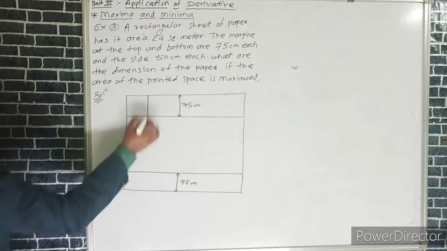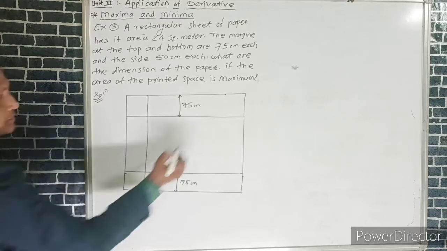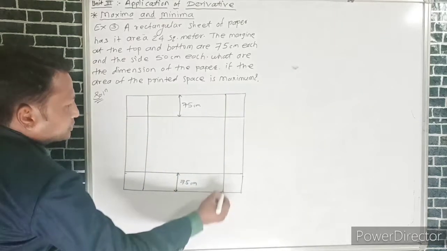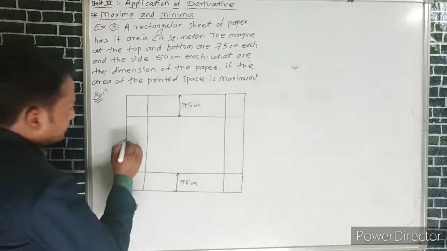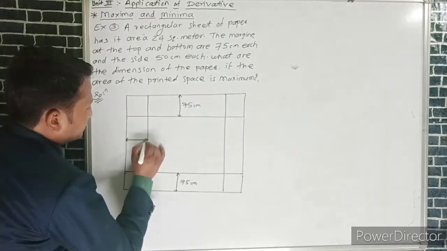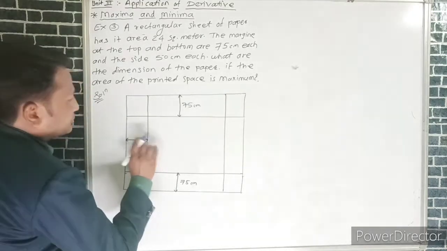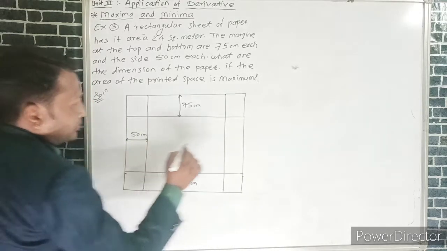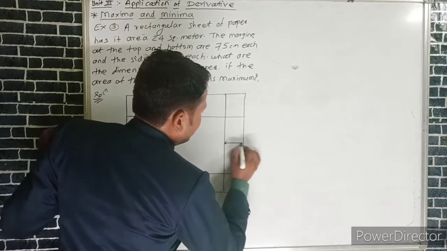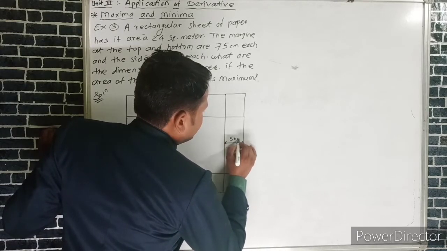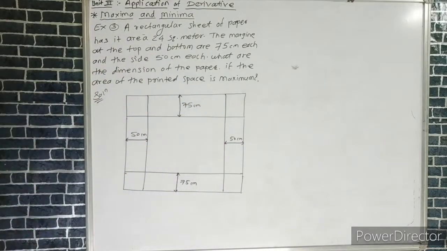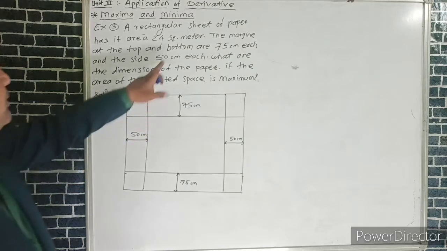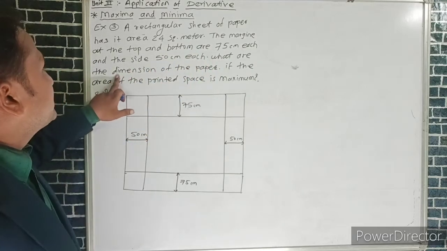If we draw the sides, which are 50 centimeter, we can say that the distance between the sides is 50 centimeter each. So what are the dimensions of the paper?